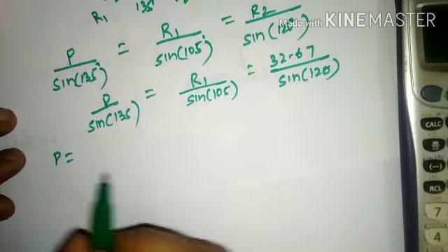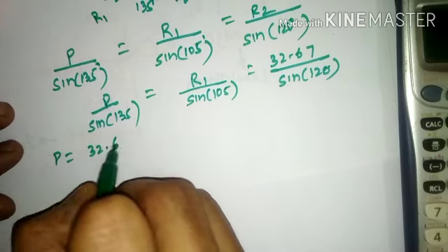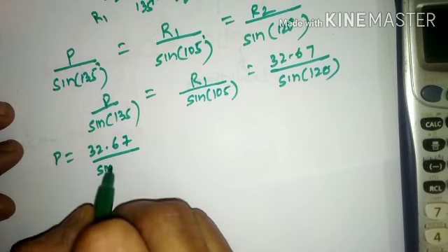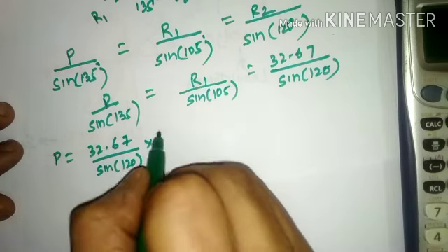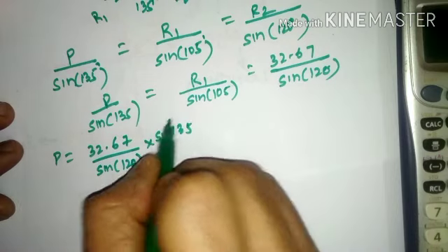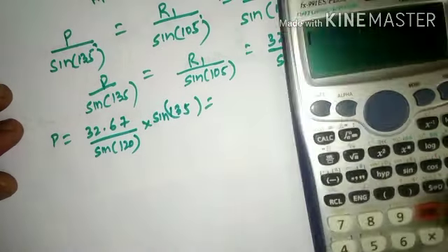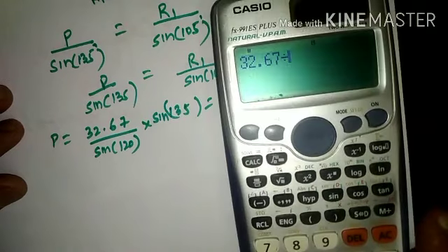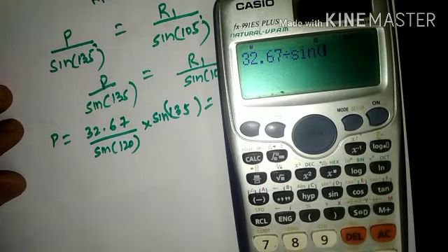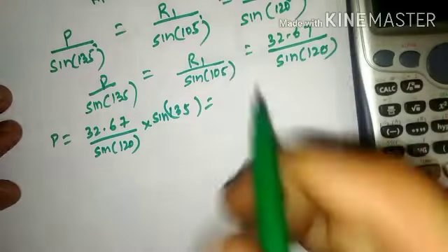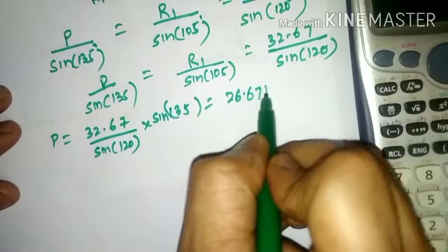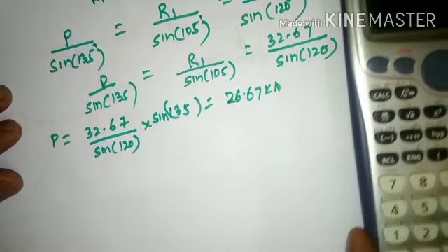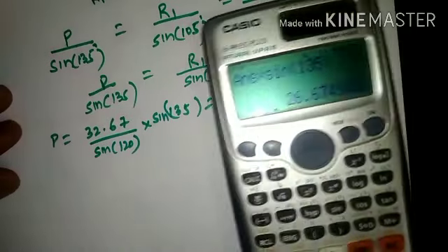To get the value of P, which shall be 32.67 divided by sine of 120 multiplied by sine of 135, which will give the value as 26.67 kilonewton. So this is the value of P, which is 26.67.